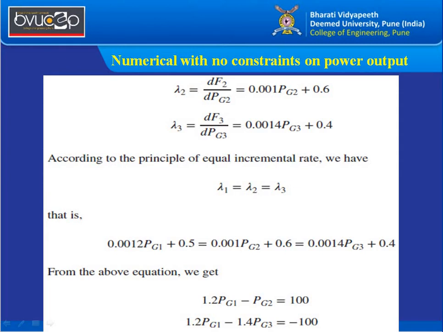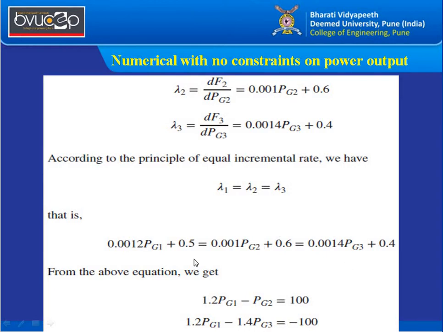All the three are going to contribute towards the equal generation. So when we equate the three quantities together, 0.0012 pg1 plus 0.5 equals 0.001 pg2 plus 0.6 equals 0.0014 pg3 plus 0.4. Now from these, what we can do is simple. We can take any two parts to get one equation, and another two parts to get the second equation.